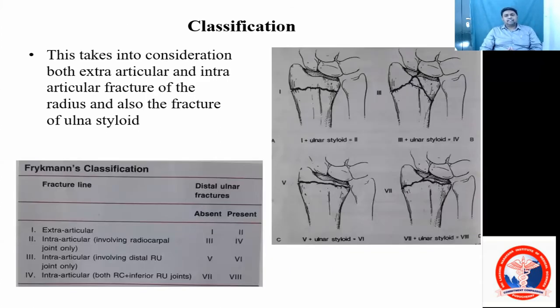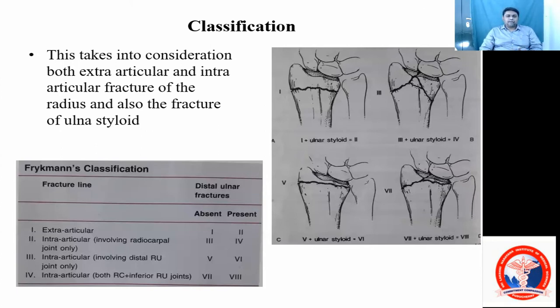Classification. This type of Colles fracture is mainly extra-articular but can have an intra-articular fracture. The classification which we use is the Frykman's classification. This Frykman's classification is divided into absence of ulnar styloid process, and the other one is the fracture of the distal radius associated with the ulnar styloid process.